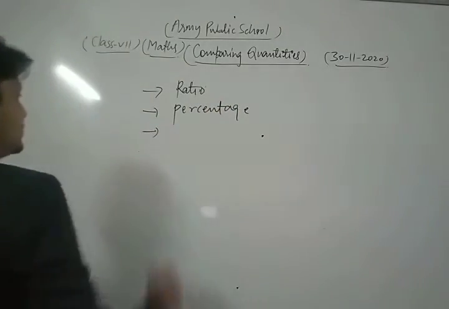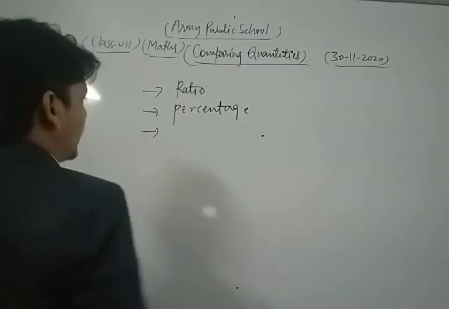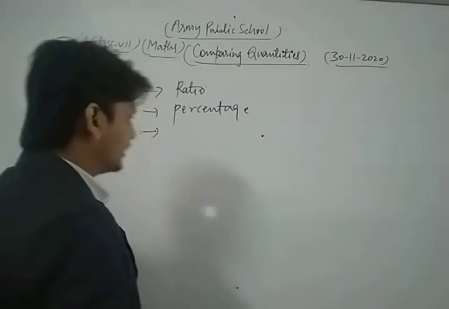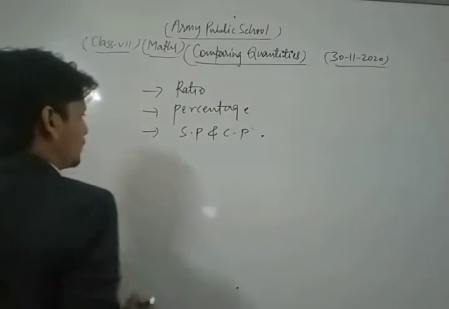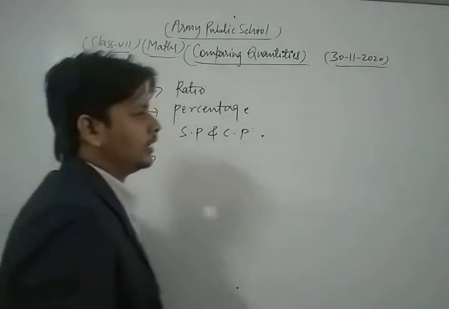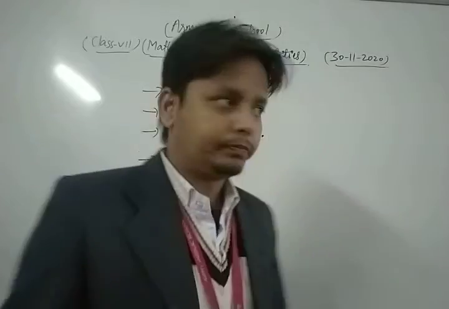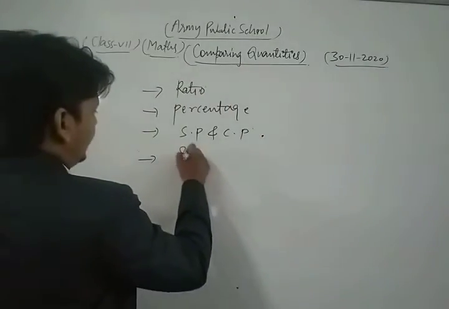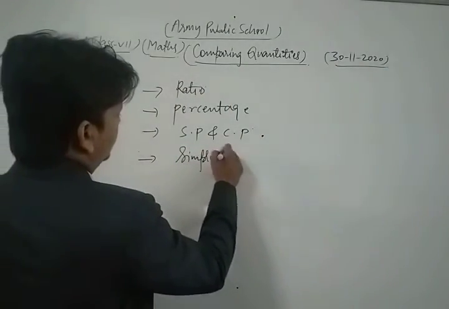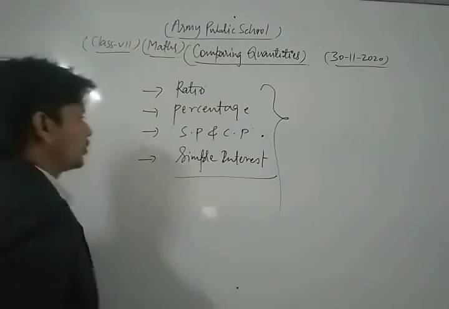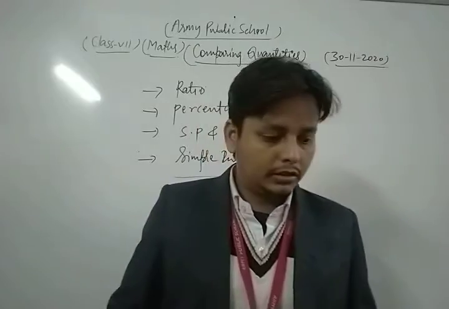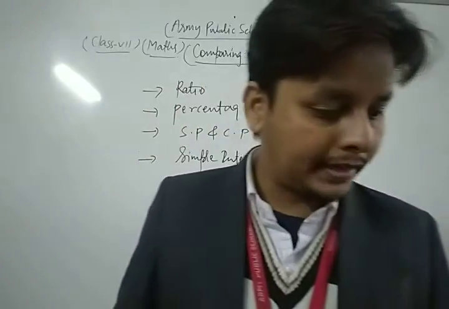We also discuss questions based on the buying and selling of an object, that is, problems based on selling price and cost price. We also discuss questions based on simple interest. So these are some important topics which are included in your chapter comparing quantities.